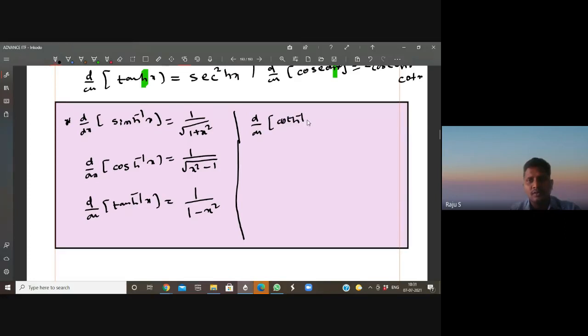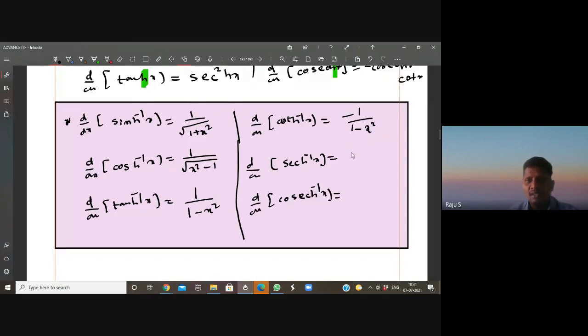Cot h inverse of x, d by dx of secant h inverse of x, d by dx of cosecant h inverse of x. For cot h inverse of x, it is minus 1 by 1 minus x square.